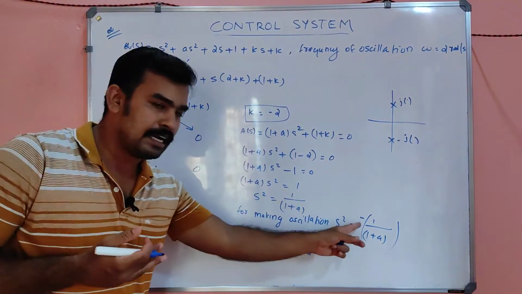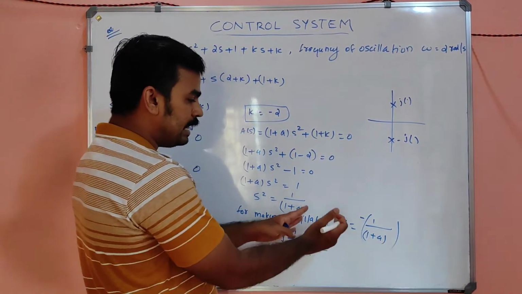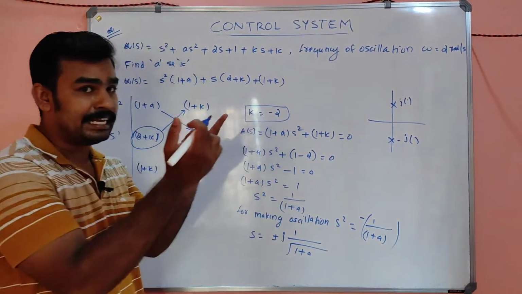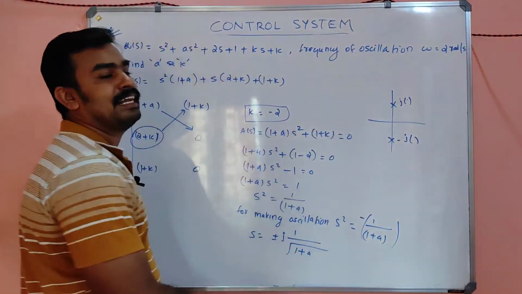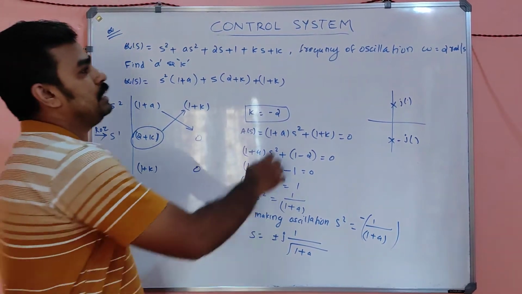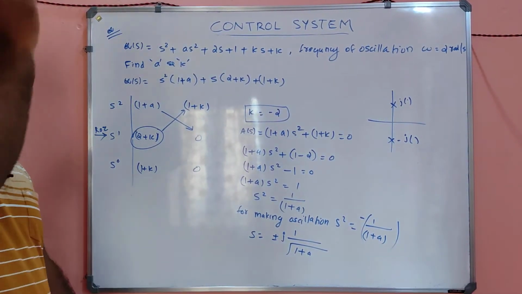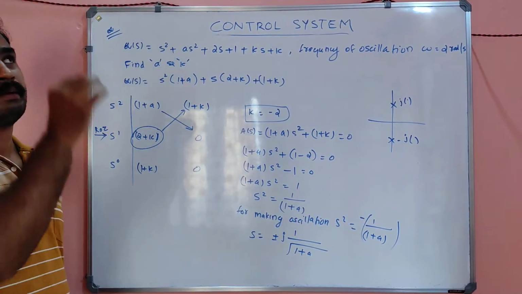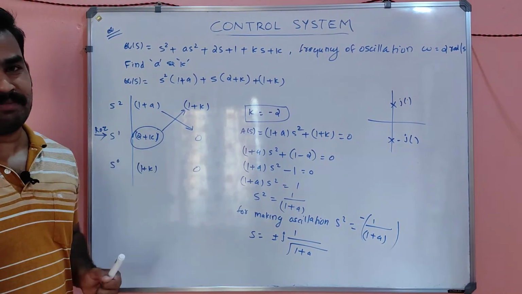If s square equals minus something, then only I can take the root and obtain the j term from that. If frequency of oscillation happens, definitely there will be some j terms, above and below. That is the marginal stability condition.